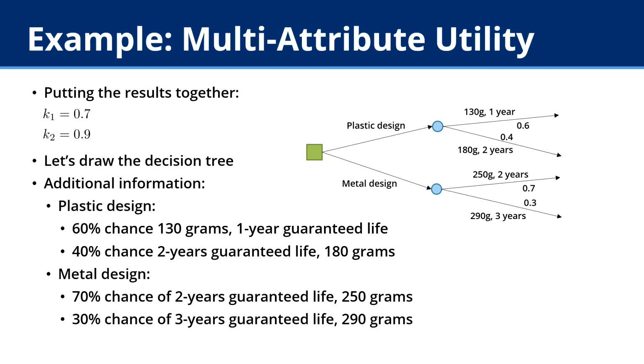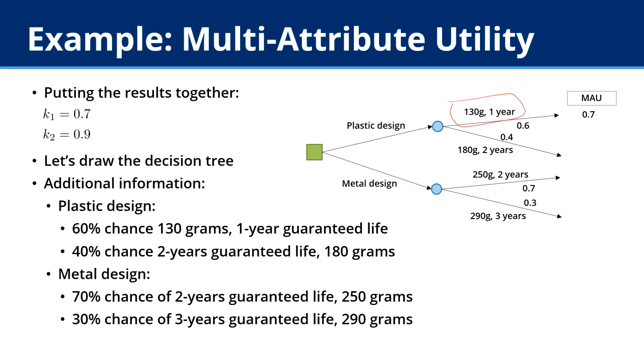Based on this tree right now, we actually know the multiple attribute utility values for some of these. If you look at the top branch, this is the best of attribute 1 and the worst of attribute 2. So this must be the K1 value, right? So the multiple attribute utility value is 0.7.